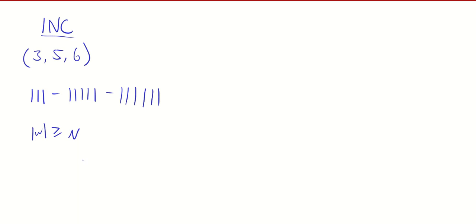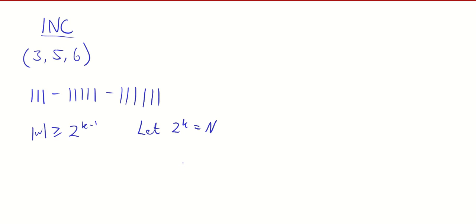And if we were doing a double pumping proof, we would have to make sure that the length of our word was greater or equal to 2 to the k, where k is equal to the number of non-terminals in the Chomsky normal form representation of the grammar of our language. So a really common thing to do if you're dealing with a double pumping lemma proof is to actually say something like, let 2 to the k equal n, and then proceed as though you're in a regular pumping proof as far as defining your word is concerned.